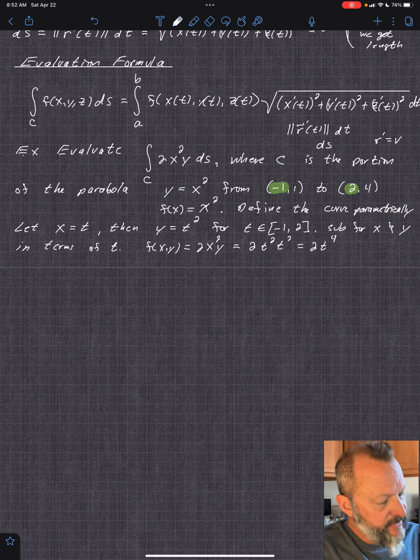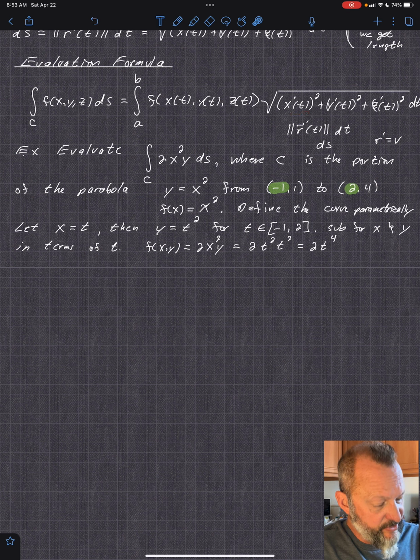All right. So now let's calculate ds. That's always going to be your next step. So ds is, again, we're leaving off the z, so it's just these two as a sum. The x is just t, so that derivative is 1.